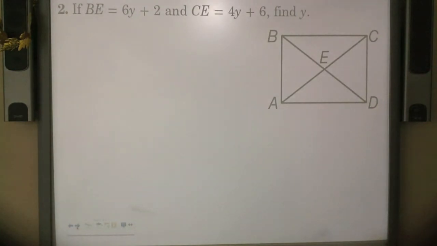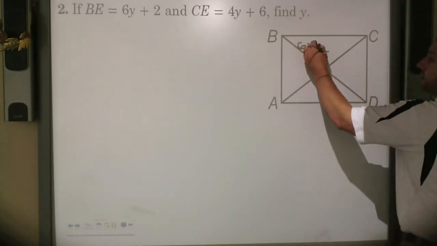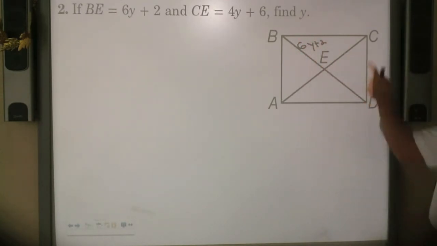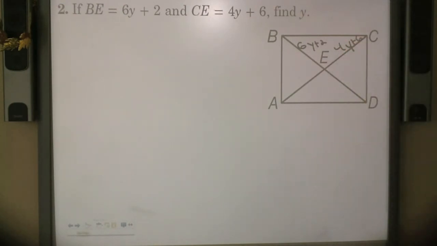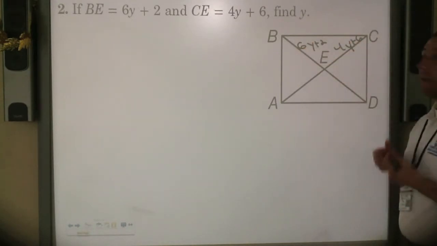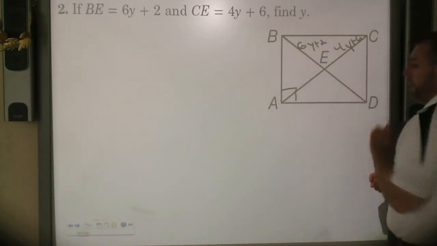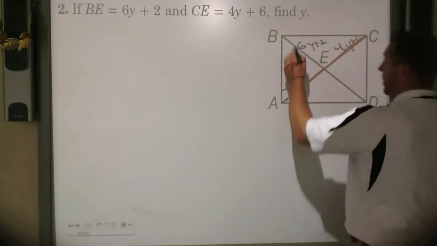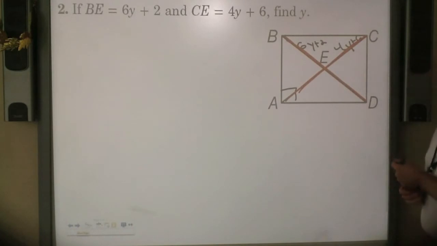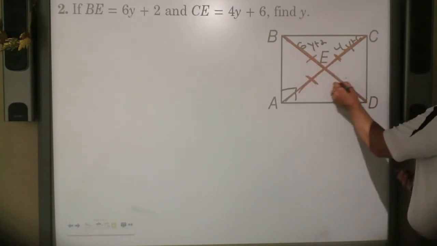Let's look at number 2. Again, you have this rectangle already drawn for you. BE is 6y plus 2, and CE is 4y plus 6. Now before, in a parallelogram, I couldn't compare these two lengths. But because this is a rectangle, I know this length is equal to this length, which means if these two are congruent, then these two are congruent.